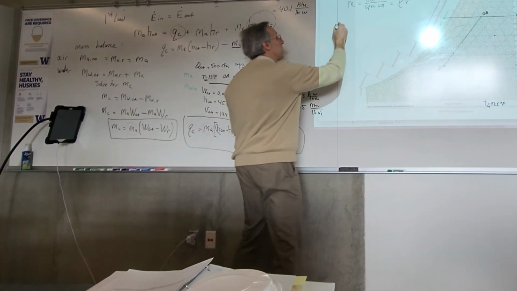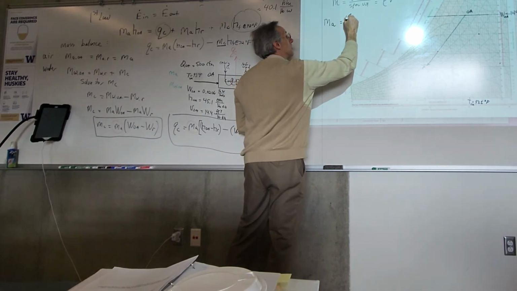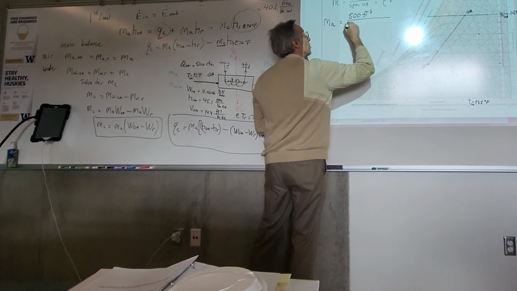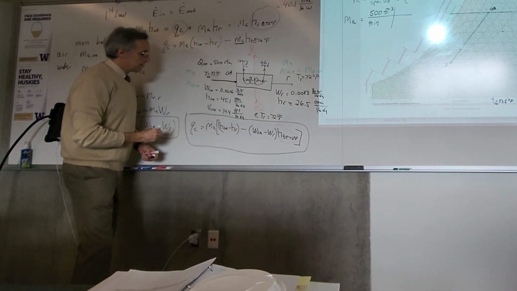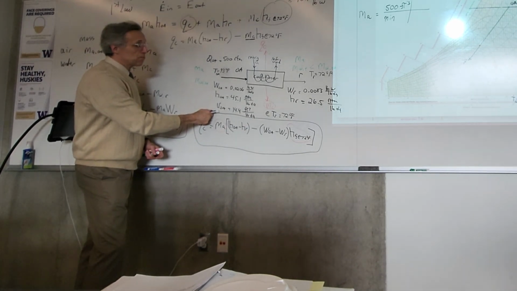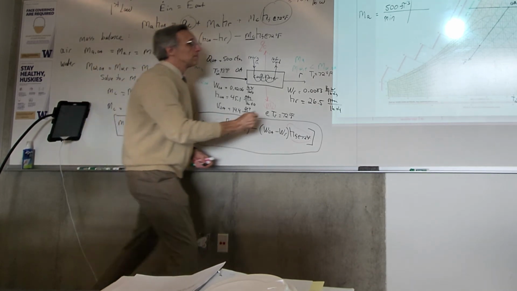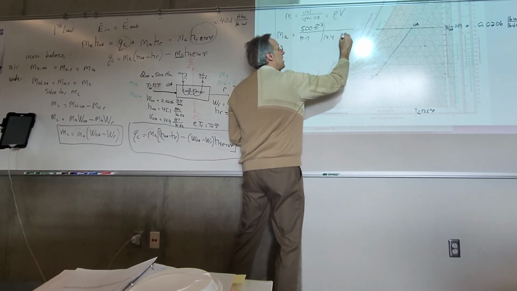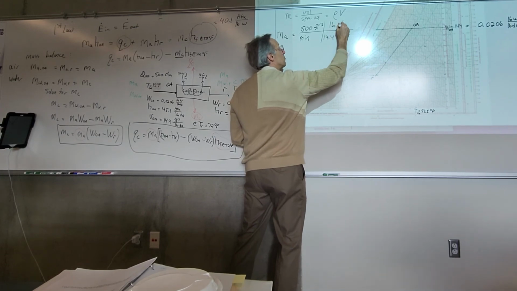So our mass flow rate of air is going to be equal to our CFM divided by our specific volume, which is 14.4 cubic feet per pound mass of dry air for our entering air.